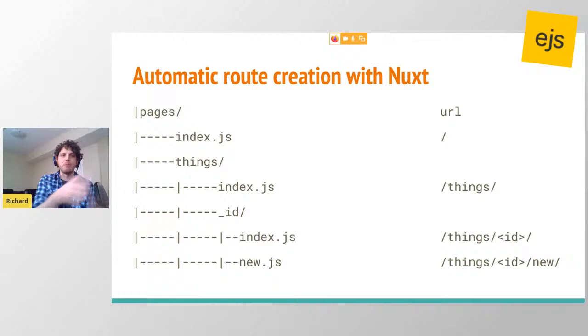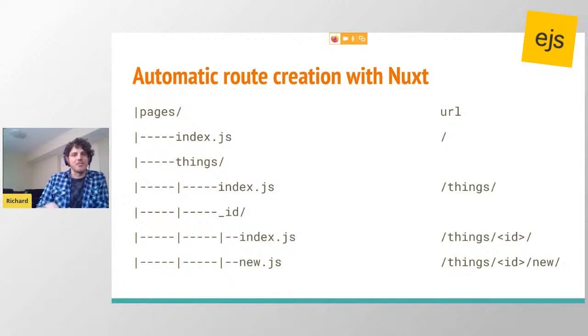So I tried putting a directory structure here on the left, and then what that URL would look like on the right. So first one, index.js, boom, there we go. I realize I'm looking at this now, and I didn't notice it before, that these should actually be Vue files, but you can probably use your imagination for this.